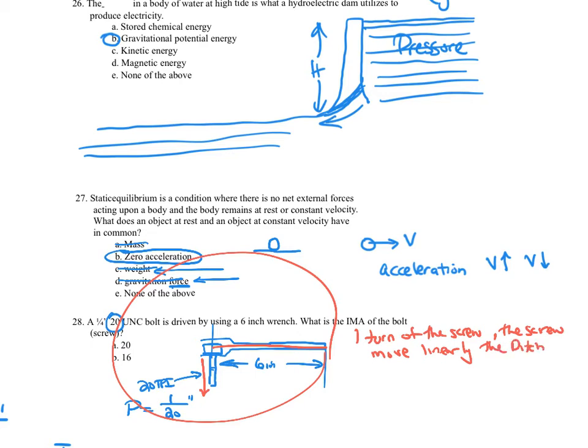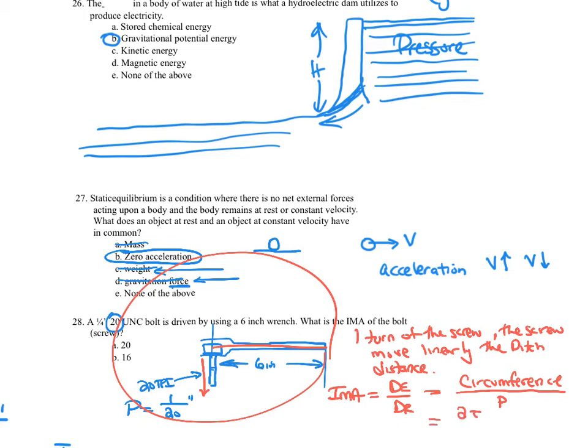So if you're wondering where this equation comes from, remember, IMA equals dE over dr. Well, what's the effort distance? The effort distance is the circumference that is generated by your hand motion. And the resistance distance, how far the screw moves, is that pitch distance. So that's where that equation comes from.